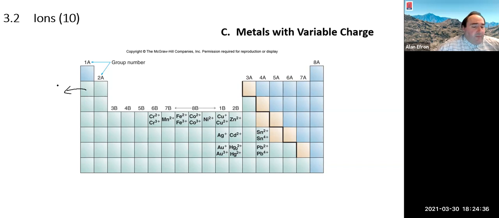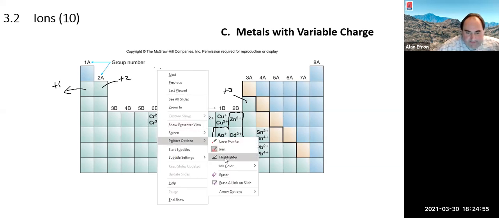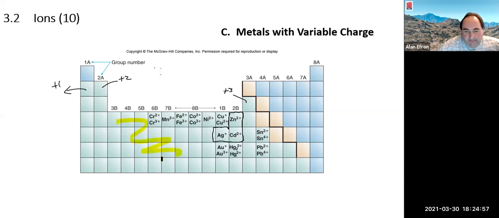The guys in group 1, which is +1, the ones in group 2, which is +2, and aluminum, which is +3. These are the guys that have fixed charges. Now, when you're dealing with your transition metal region, which is in this range.